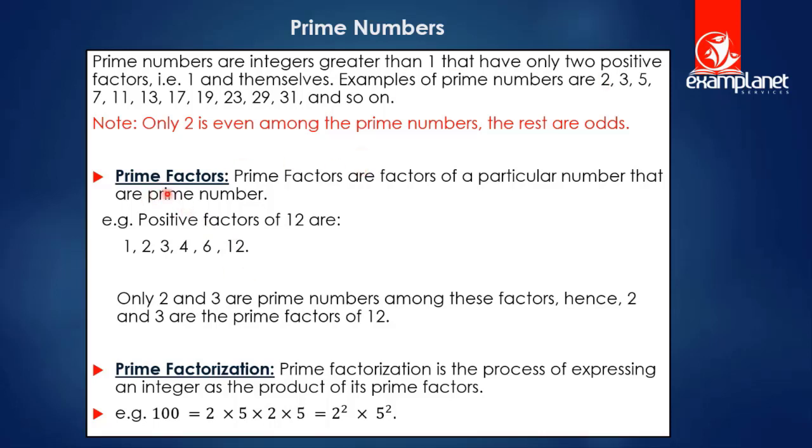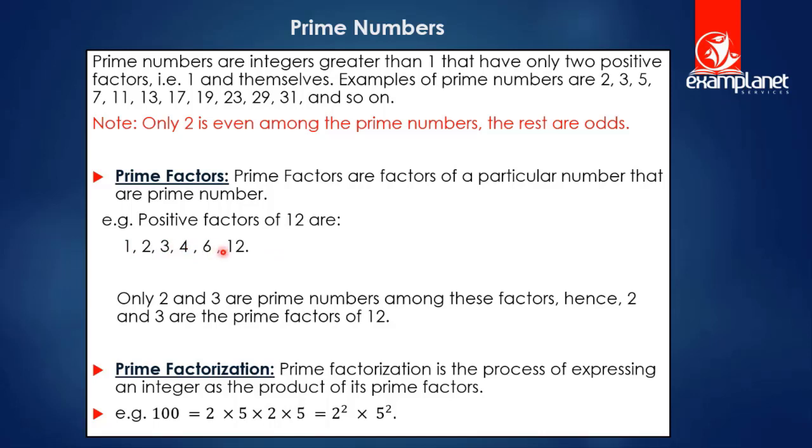Okay, now moving on, we have what we call prime factors. Now what are prime factors? Prime factors are factors of a particular number that are prime numbers. For instance, the positive factors of 12 are 1, 2, 3, 4, 6, and 12.